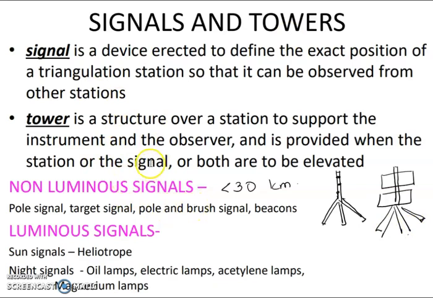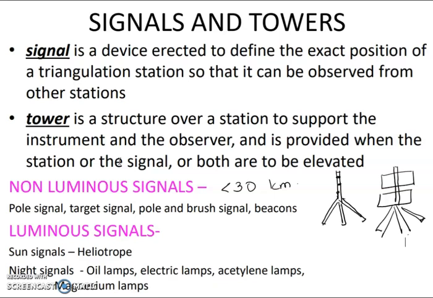Now what are luminous signals? Luminous signals are also called sun signals. Here the sun's ray is reflected on the observing theodolite. Those who have used a total station will understand: in a total station we keep a prism and hit the laser, and based on the time elapsed between sending the signal and receiving the signal back, the distance is calculated.